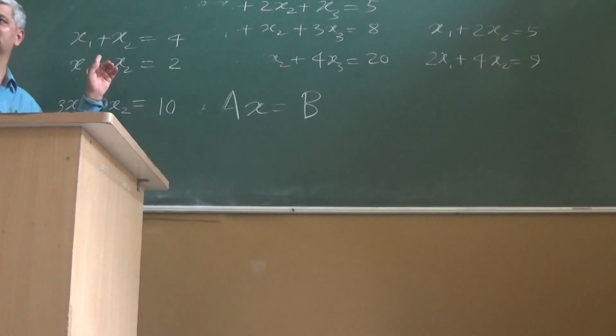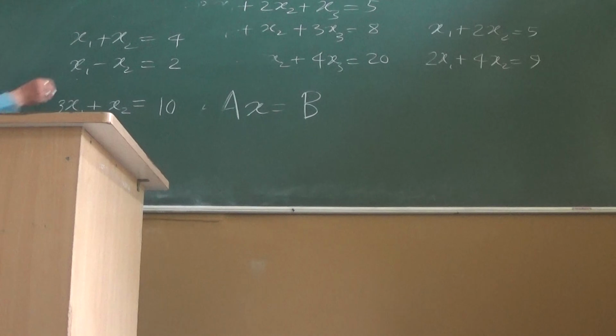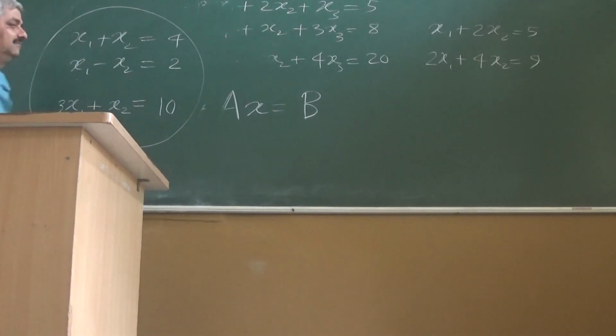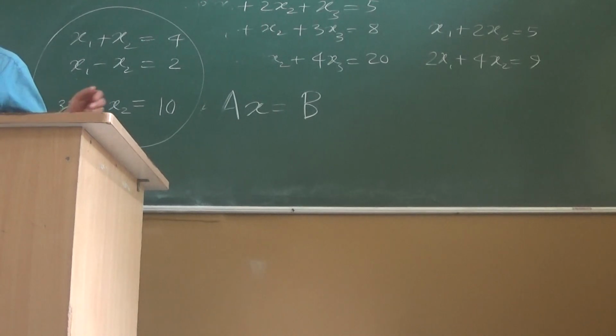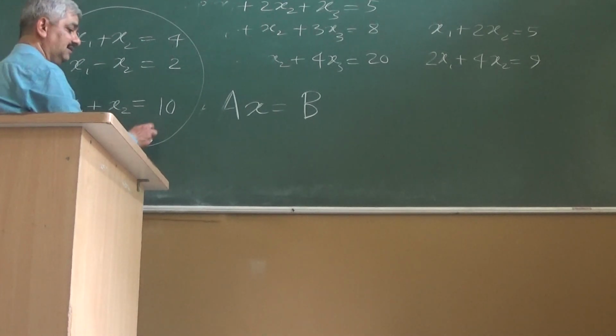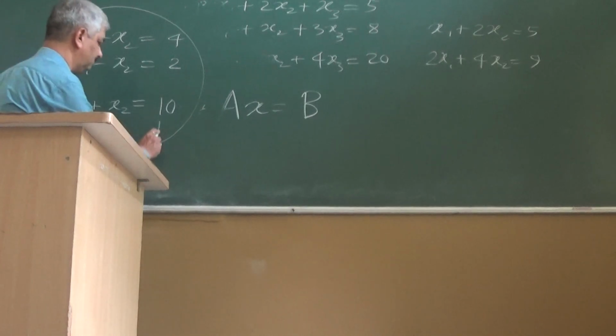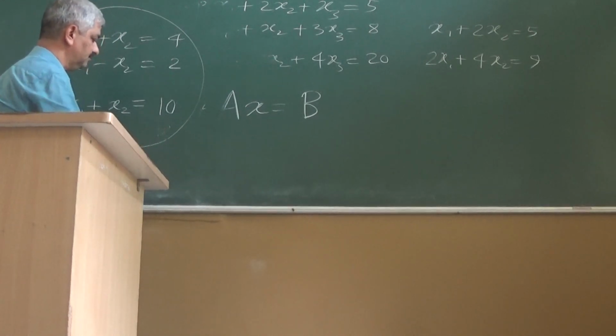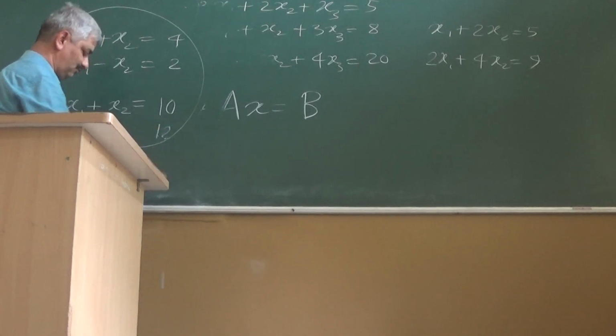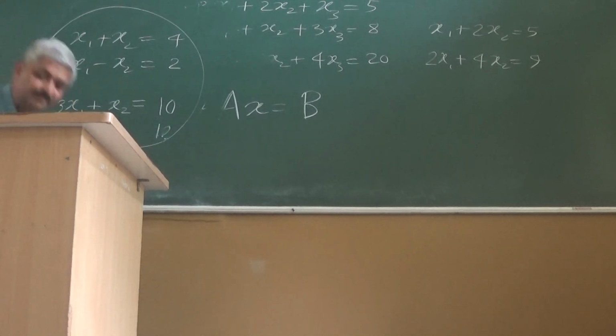Number of equations are more than number of variables. This is one case, and in the other case I will have the same thing, and I will make the third equation the same, but with 12. What is the difference between these two?